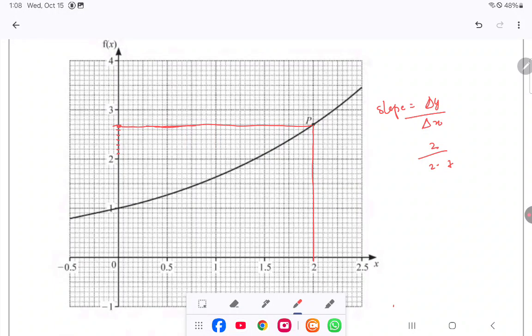Sorry, this is the x, which is 2, and this is the y, which is 2.7. So what is the y? 2.7, and what is the x? 2, and it will give you the answer of 1.3, which is our slope, the gradient.